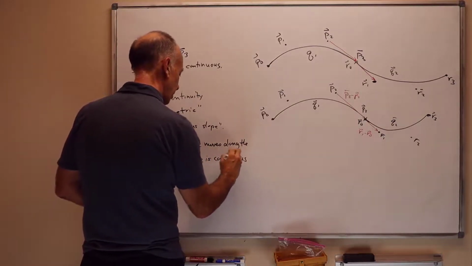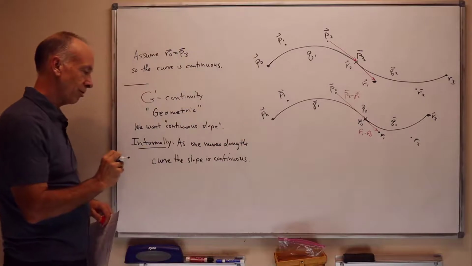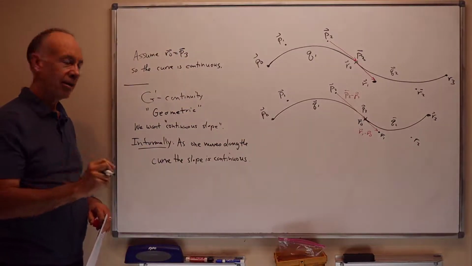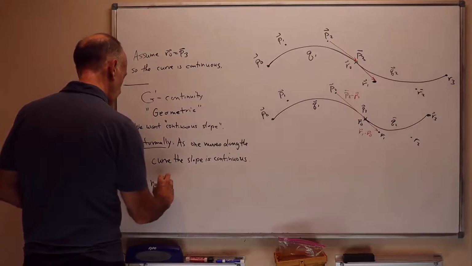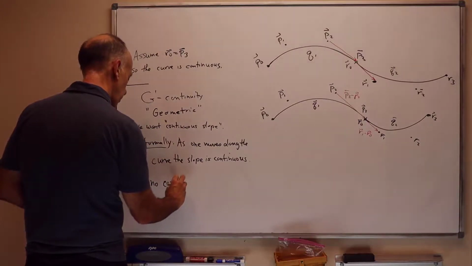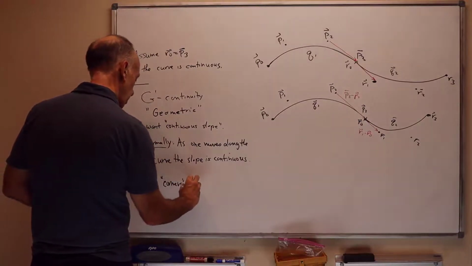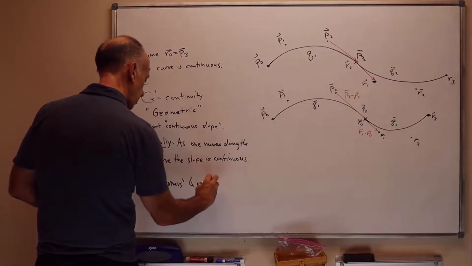In other words, the curve looks like a smooth curve without any corners and without any cusps.